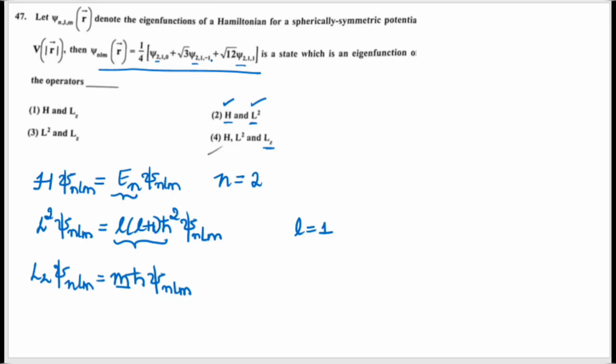We have 0, -1 and 1, right? So M can take the values 0, -1 and +1. So we have three different values. So I can say the state is not an eigenfunction of the operator LZ. Now only H and L square are verified correctly. I can tick option 2. Option 2 is the right answer.